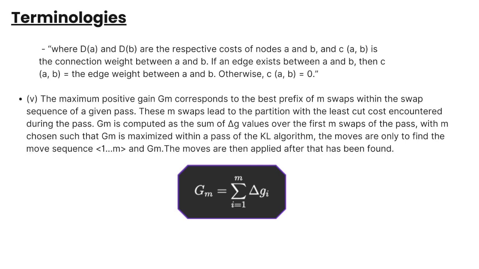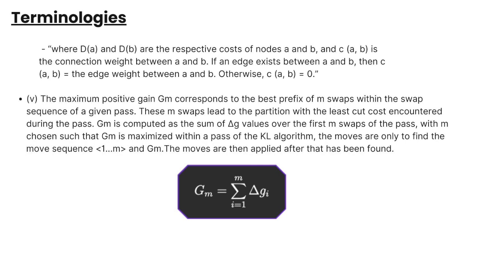The fourth one is the maximum positive gain, and it is represented by GM. It is the sum of gains over m iterations. The maximum possible value of GM implies that the cut cost is minimized. Here m is the number of iterations to reach maximum positive gain, or in other terms, m is chosen such that GM is maximized.